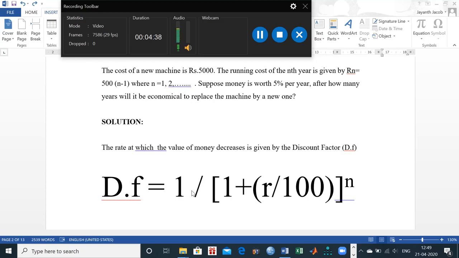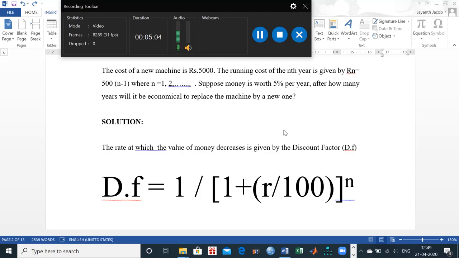Be a little careful: the entire denominator is raised to the power of n minus 1 if we are using the discount factor on the running cost. And if we are using the discount factor on the salvage value, then the denominator is raised to the power of n.